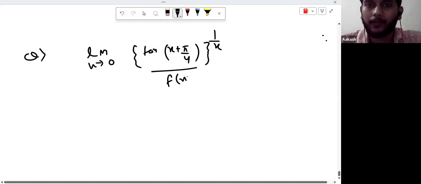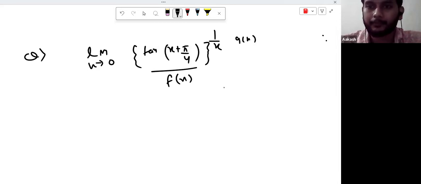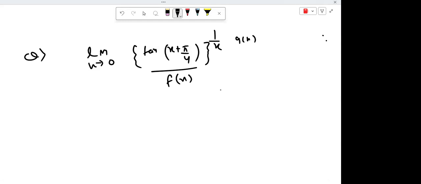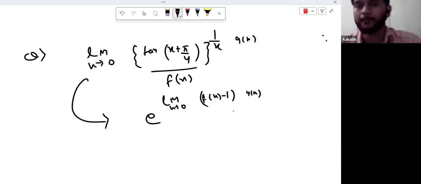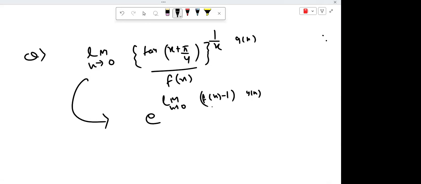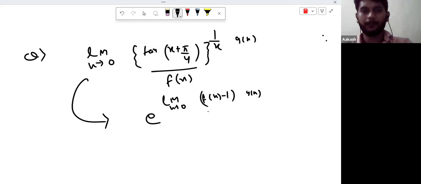So can I say this is f of x and this is g of x? So we can directly write this limit as e to the power limit x tending to 0, (f of x minus 1) into g of x. Yes? So please solve it. Tell me what you get.